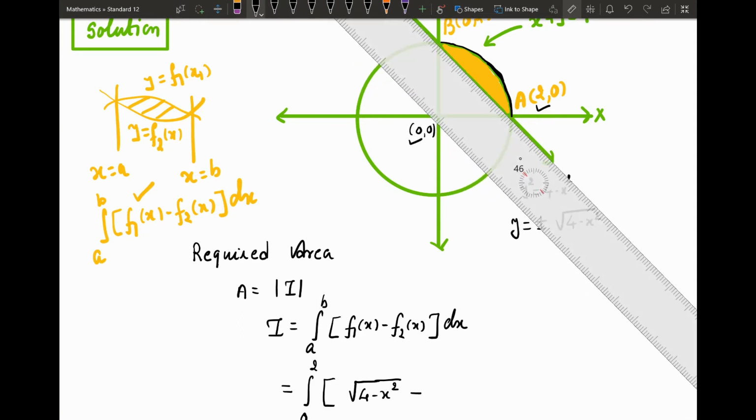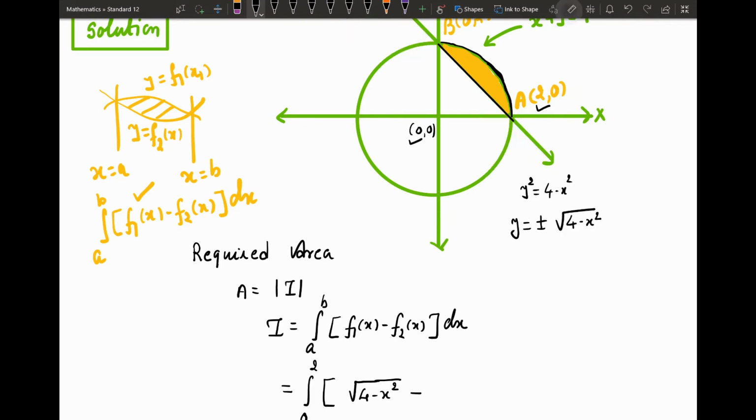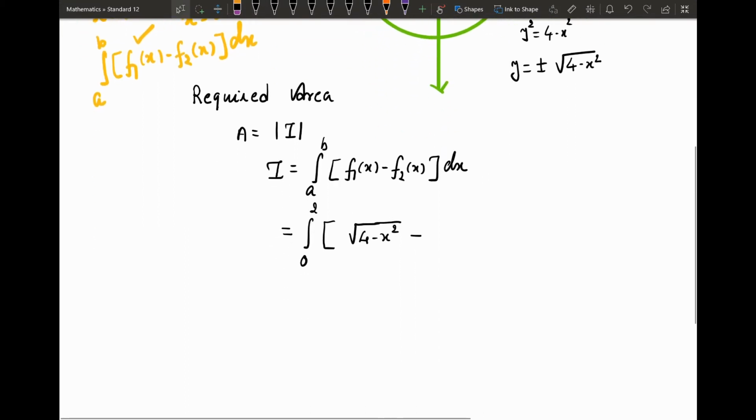From this straight line, y is a function of x: x plus y equal to 2, and therefore y equal to 2 minus x.